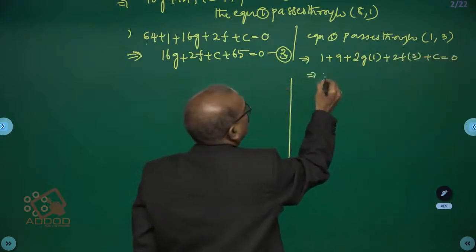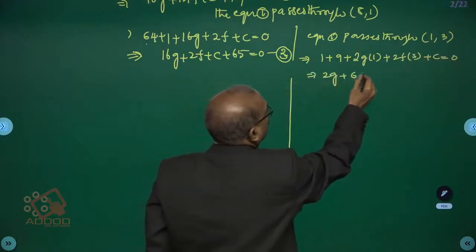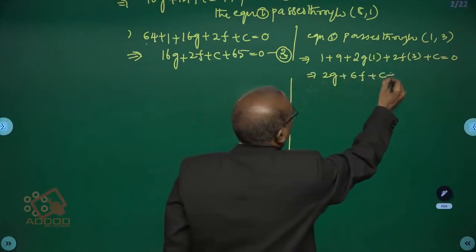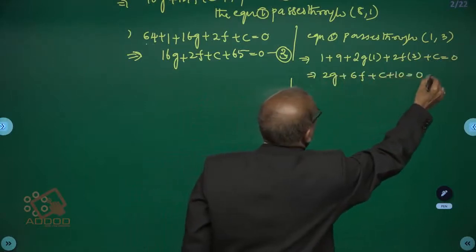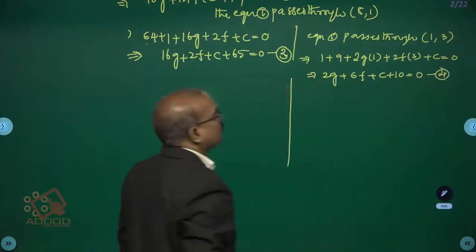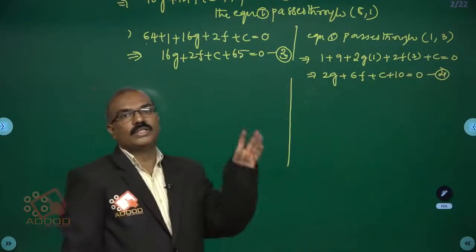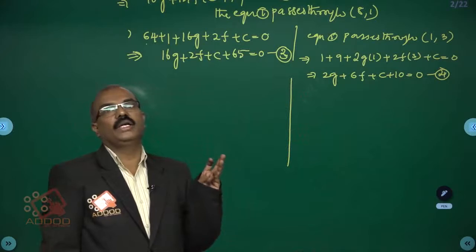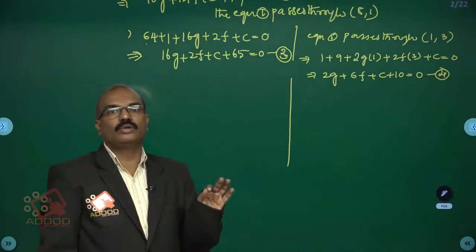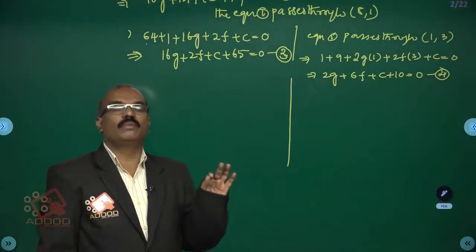So that is 2g plus 6f plus c plus 10 is equal to 0. This is equation 4. So now we have to solve equation 2, equation 3 and equation 4 to get the unknown values g, f, c.